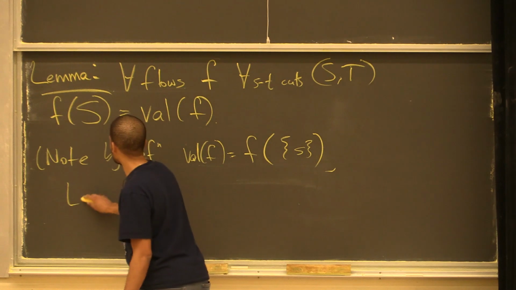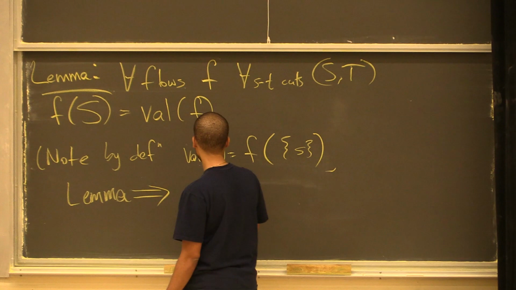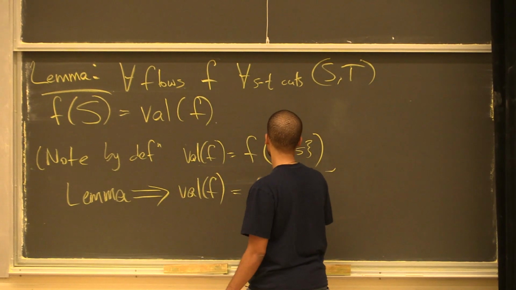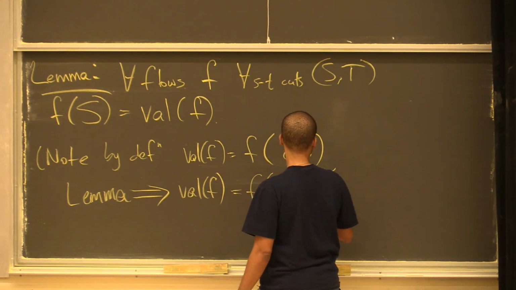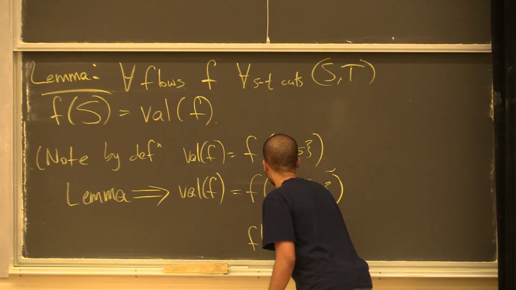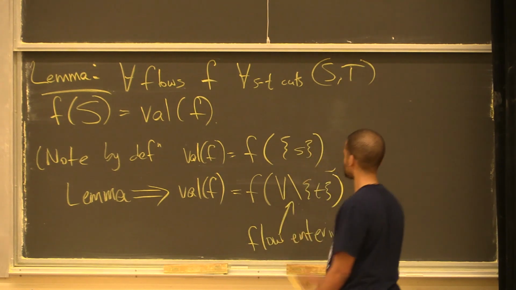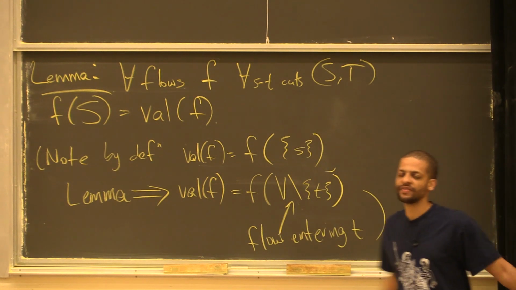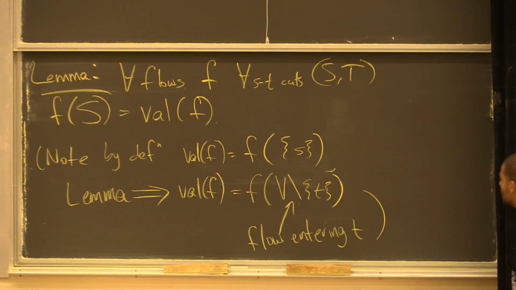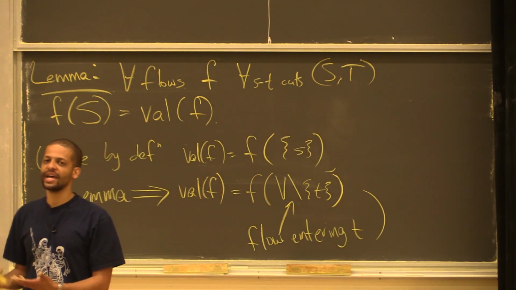And the lemma implies that val f is also equal to f of the vertex set minus t. What is this? This is the flow entering little t. Right? It's the flow going from everything that's not little t into little t. So it's the flow that's entering little t. So this lemma implies, for example, that we could have defined the val of f in either way, and it would have given the same result.